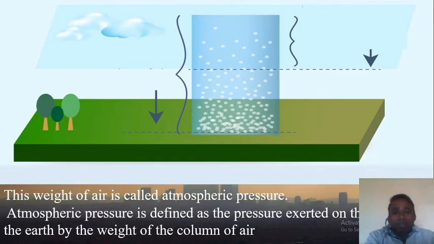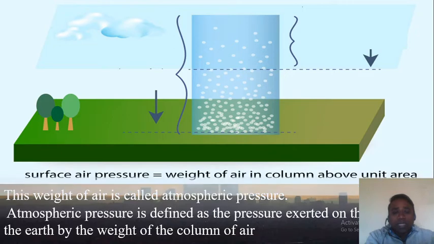Anyways, we define pressure as force per unit area. In this case, the force is the weight of air and it is per unit area. That we call air pressure.